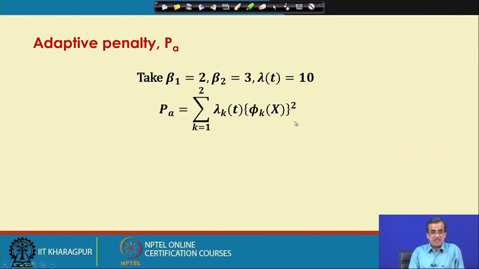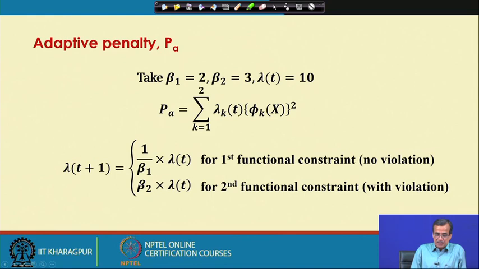Using this expression we have to calculate the amount of adaptive penalty, that is P A is summation k equals 1 to 2 lambda k t multiplied by phi k x square. As I told, if there is a violation, I will have to find the penalty term, but whenever there is no such violation, then also I will have to calculate this penalty term.